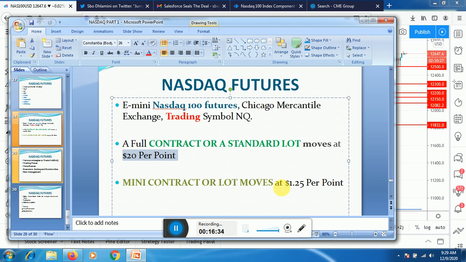But if you open a smaller lot size, 1.25 US dollars, it's not that much, but in rand value, it is a lot of money, and you can make a lot of money trading small contracts. So risk management is quite important.